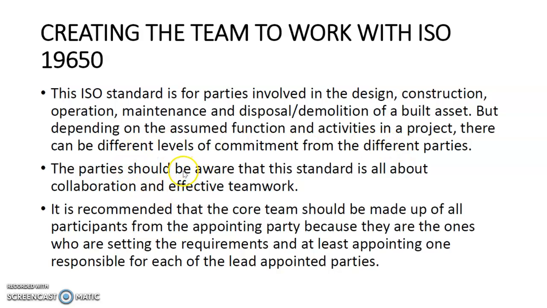The parties should be aware that this standard is all about collaboration and effective teamwork. That's why Lean is a very good natural fit. It is recommended that the core team should be made up of all participants from the appointing parties, because they are the ones who are setting the requirements, and at least appointing one responsible for each lead appointed party.